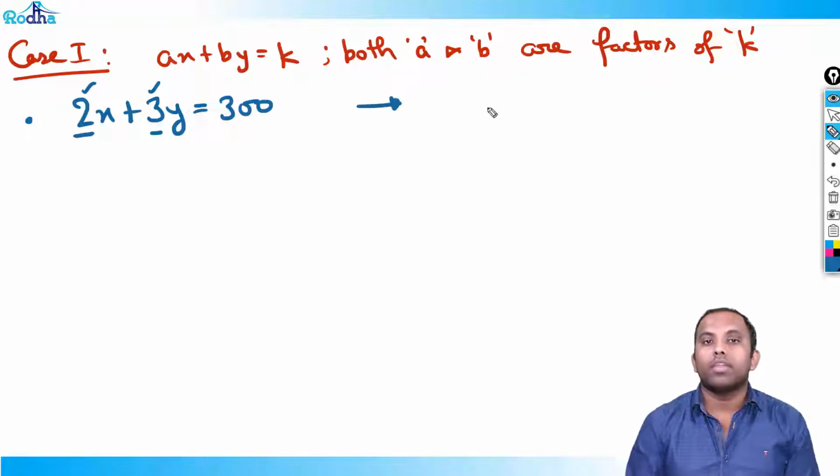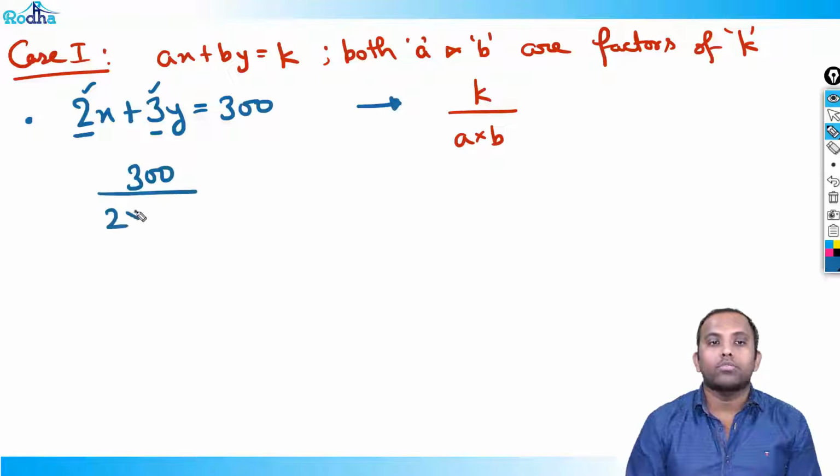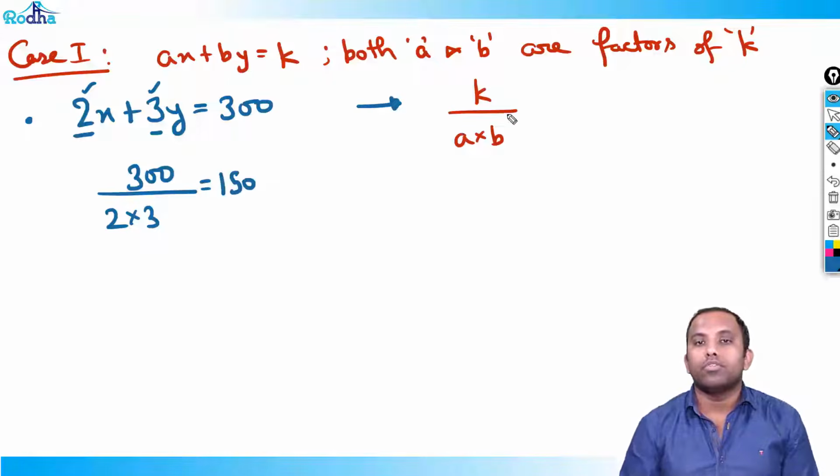The number of solutions is always k upon a into b. First you do k upon a into b. So here also you do 300 upon 2 into 3. How much is it? It is 150.